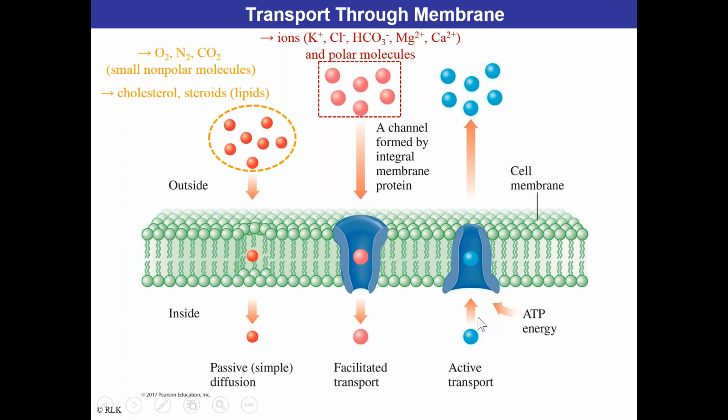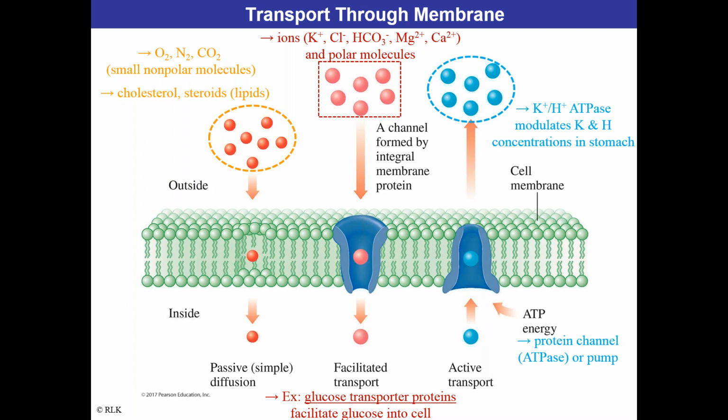The final one is the active transport, and what would be an example of that? Well, how about the potassium or proton ATPase, which modulates the amount of potassium and hydrogen concentrations that are found in the stomach. So this particular active transport channel here, you would call this a protein channel pump, or ATPase, for instance, would be able to help assist with that transport.